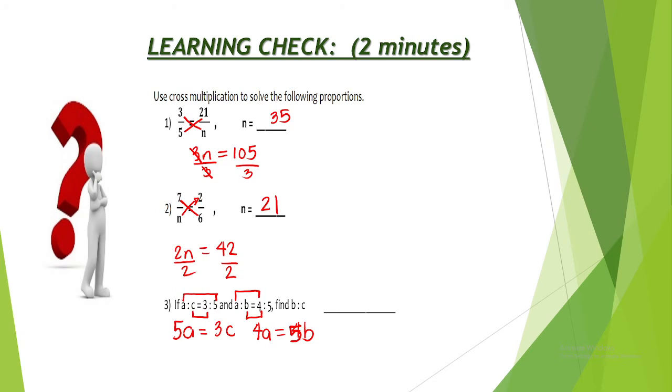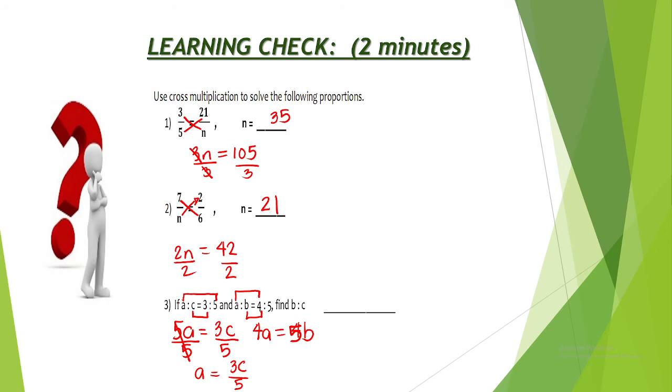That's 5a. So, divided by 5, I also divide by 5 so that it cancels. The a here is 3c over 5. On this side, yes, 5a. 5a, sir, that's 4b.